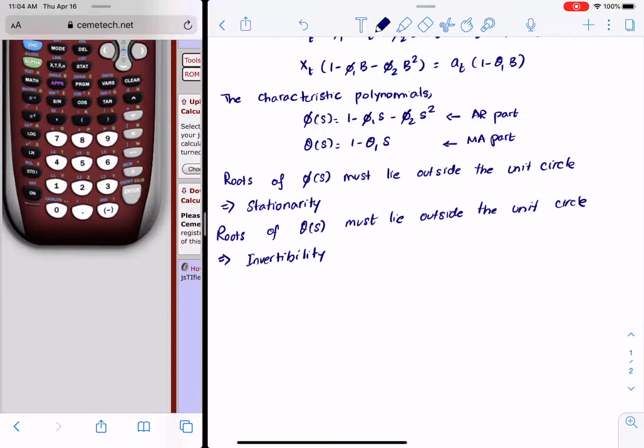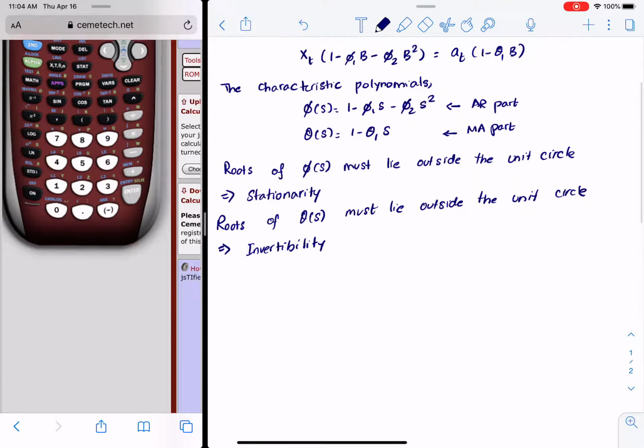So the very first step is to convert the series to an AR series. Reason being, as I said, it's easier to deal with the AR part rather than the MA part.